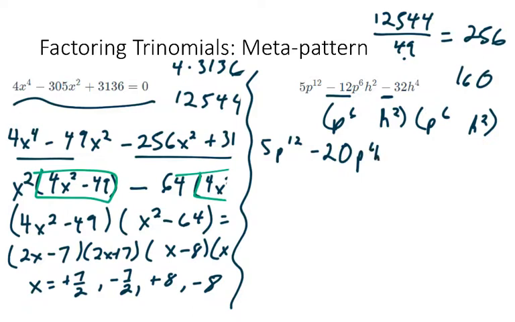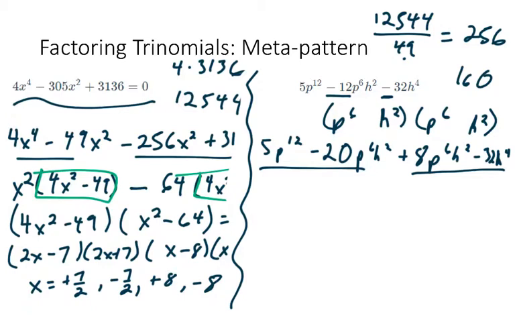P to the 6 h squared, and then this is what's weird. When you're splitting this one, when you have a negative here, one of them is going to be negative and one of them is going to be positive, which is odd. And then minus 32h to the 4th. And then I'm going to do the same factor by grouping. It's slightly more complicated because I have multiple variables, but it's not that bad.